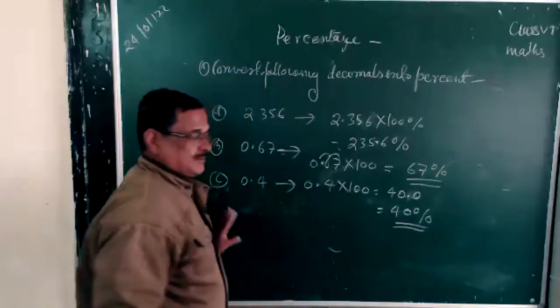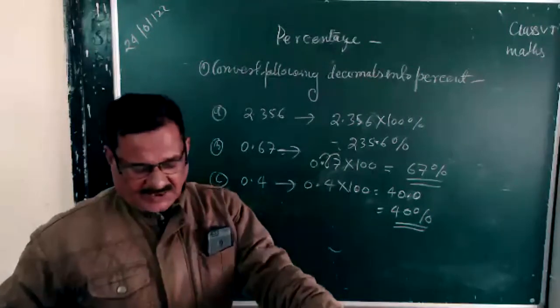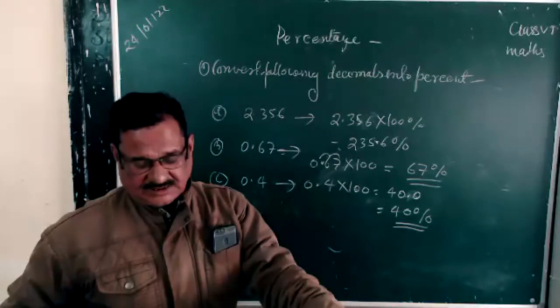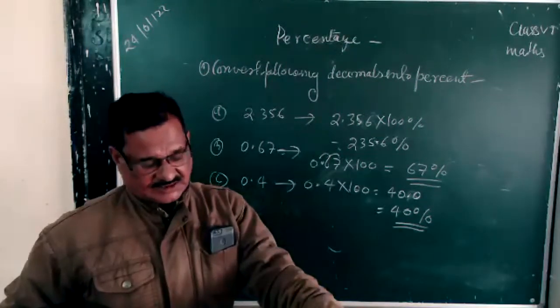This way, the remaining question D, 0.0573, then multiply by 100, the decimal shifts 2 digits to the right side, that becomes 5.73. You will do it.